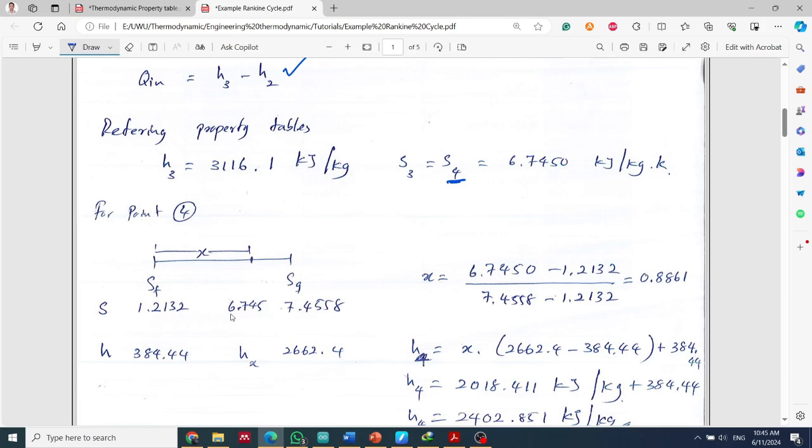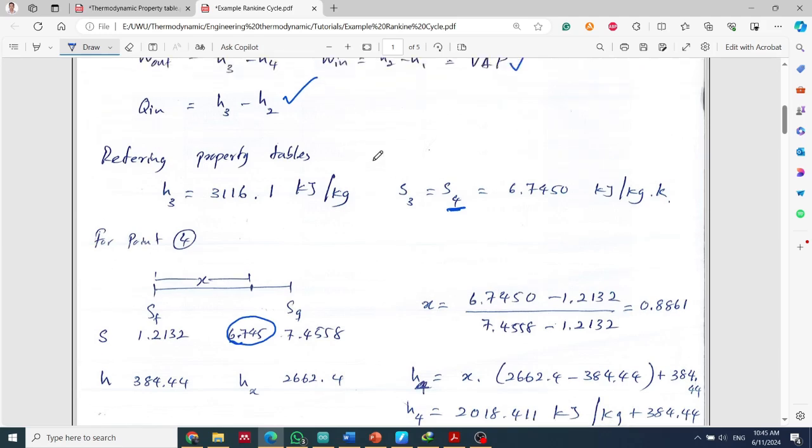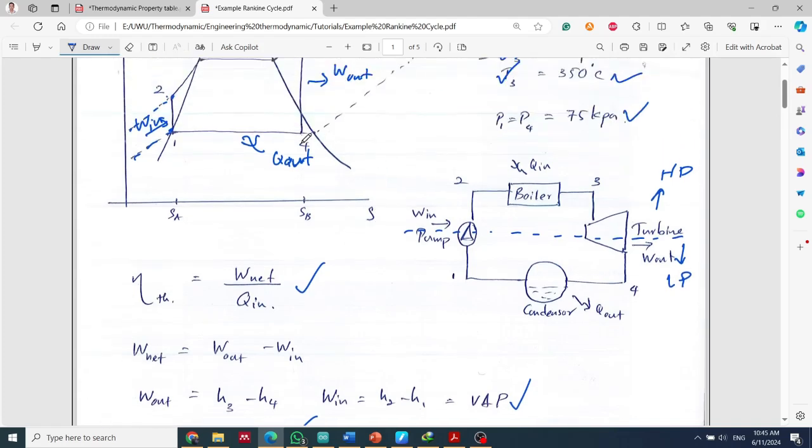Therefore we can clearly say this value is between these two values. So this point should be in the mixture region, right?